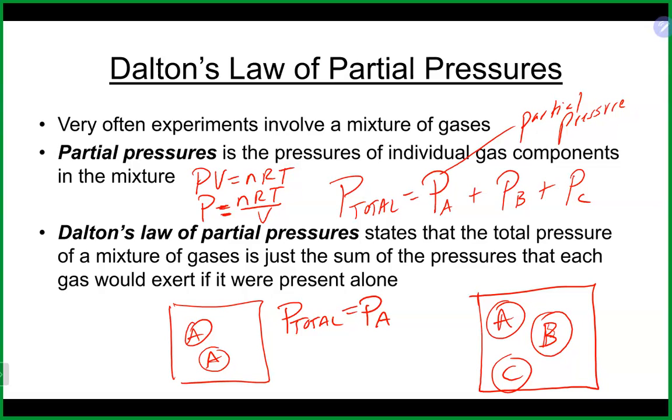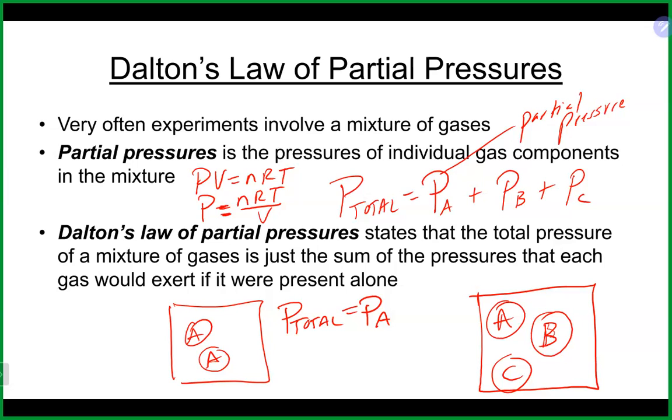We can do that because even though they are all flying around in the same container, and I think we touched upon this last time, this is an ideal gas situation, which means they're not going to interact with each other. So we could almost think of all these gases as being in there by themselves, even though they're really not. There's going to be no interaction between gas A and gas B or gas C that's going to affect the pressure in an ideal situation, which is what we're assuming here.